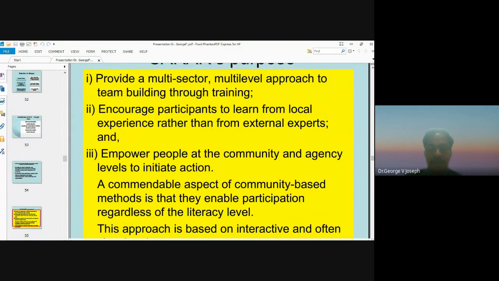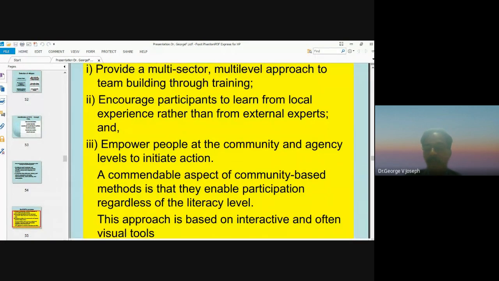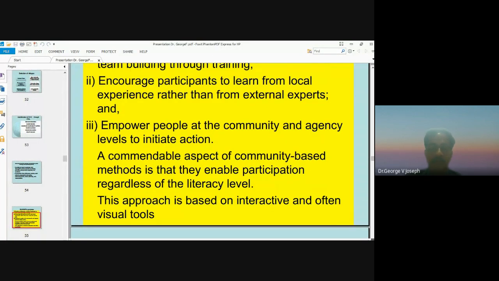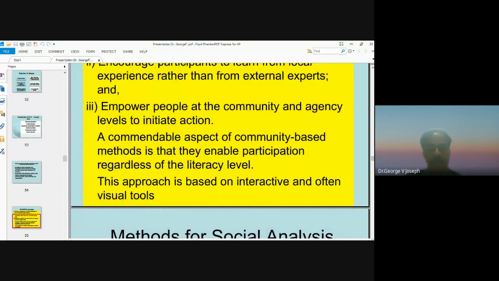This method enables participation even if people are not literate, so they can also be involved. It is again based on interactive and visual methods, similar to what we have done in the community-based process.